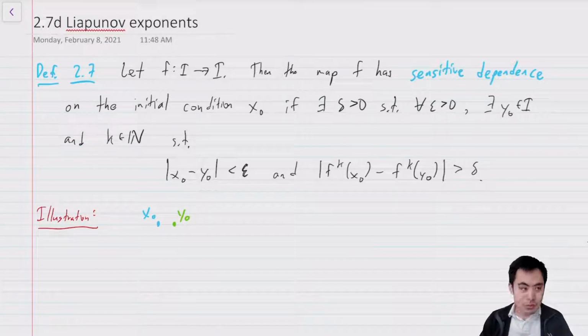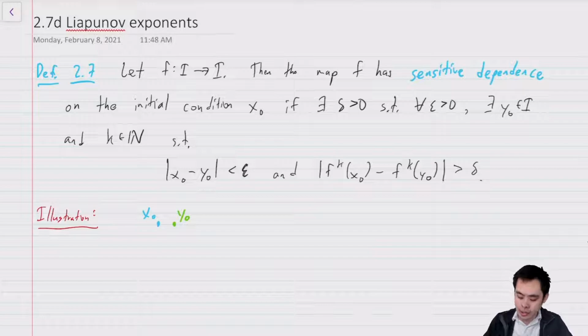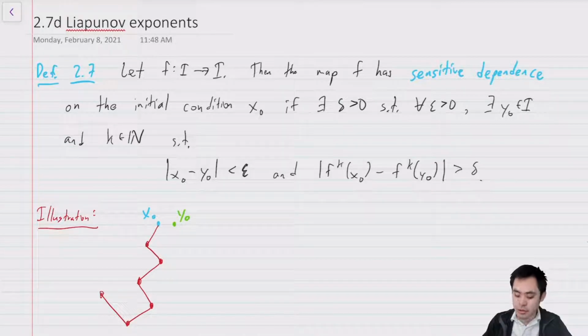Well, then you have some trajectory that x naught goes on. So maybe that goes there, and then there, and then there, and so on. And our point y naught, the trajectory of that, maybe it starts out and it still remains relatively close.